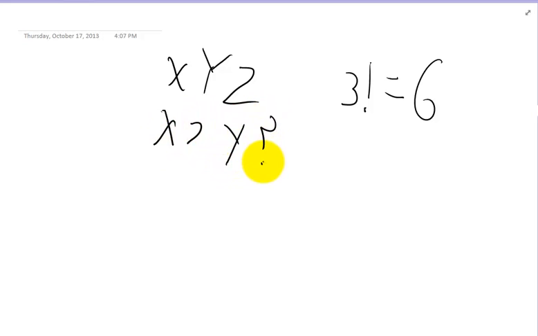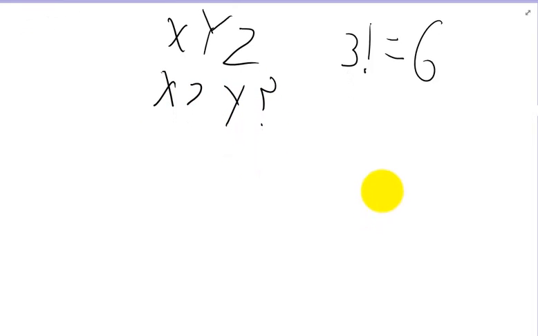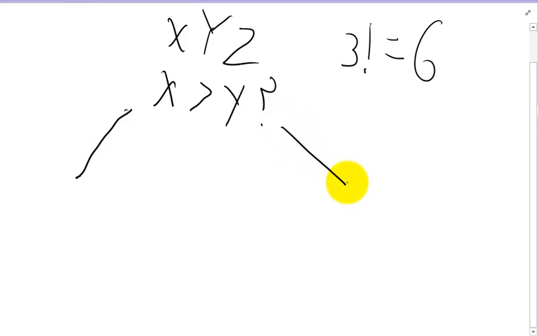In different scenarios, x could be greater than y, or y could be greater than x. That's why this is drawn in a tree structure, because 2 decisions have to be made. If x is greater than y, this decision happens, and if this is not true, this decision happens.